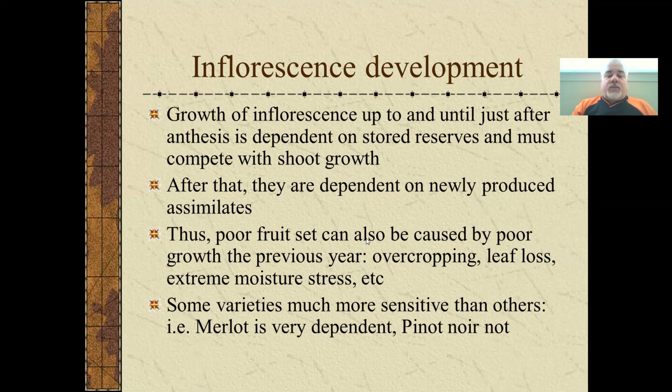Poor fruit set can also be caused by poor growth in the previous year, because what happens in the previous year is where your stored sugar is going to come from. You've got stored starches in the roots, and plants store sugar as starch. And so the plants put all of this starch in various locations of the vine.